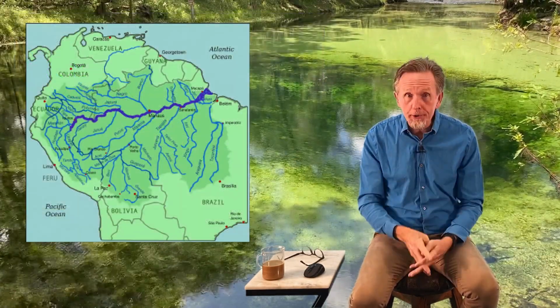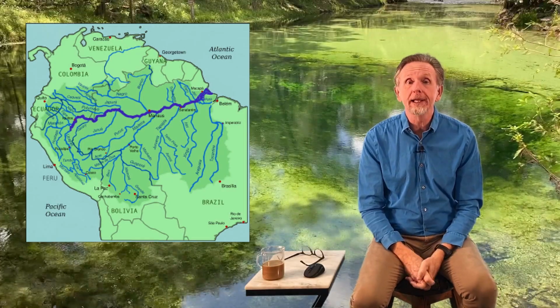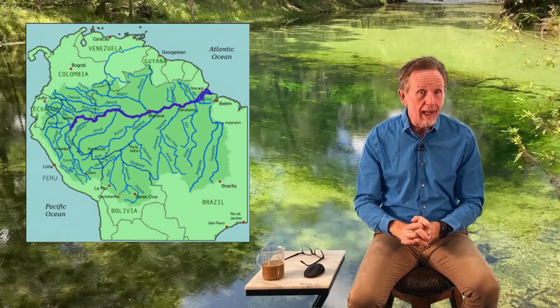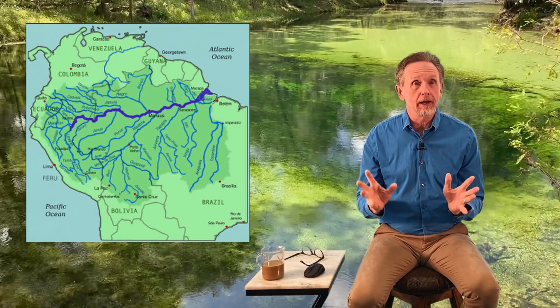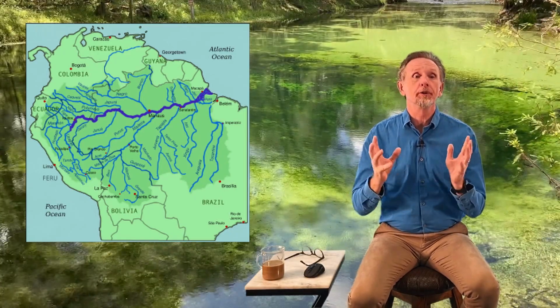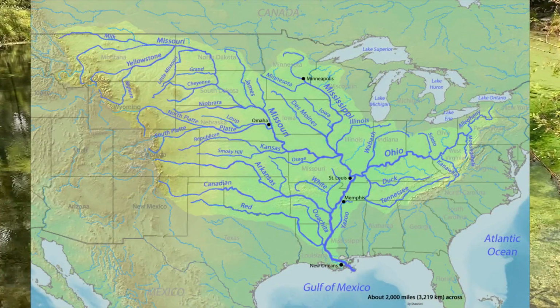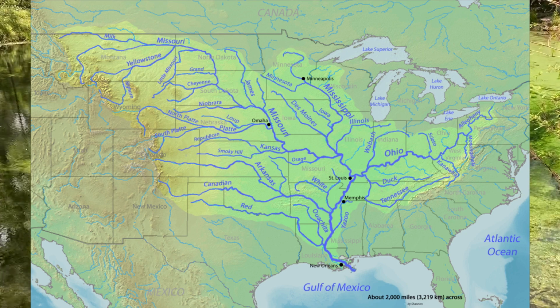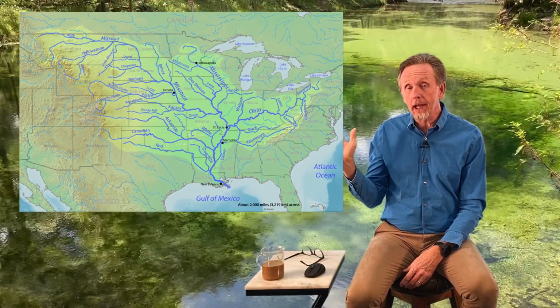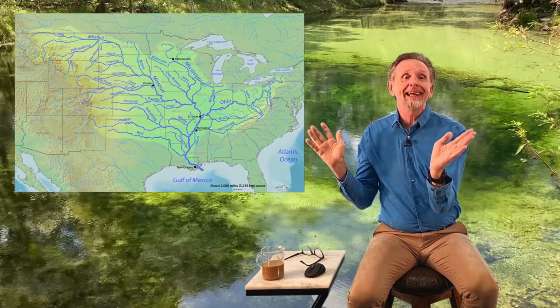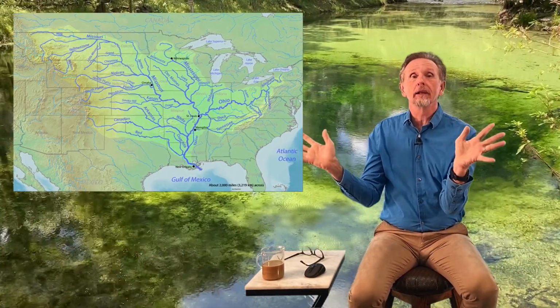Now, the largest river system in the world is the Amazon River. It drains an area of land equivalent to the size of Europe. Here in the United States, we're more familiar with the Mississippi. It drains an area west of the Appalachian Mountains and east of the Rocky and the Olympic Mountains.